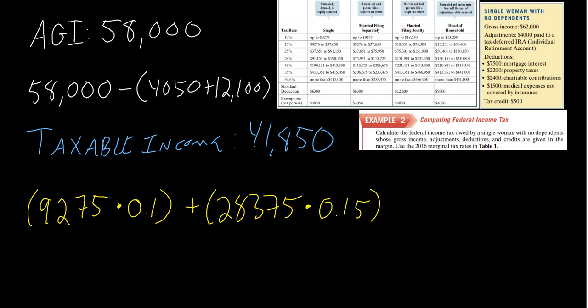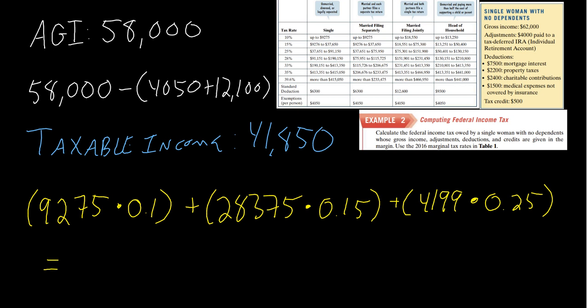Just that bit that's above 37,000. So, that math is 41,850 minus 37,651. So 4,199, plus 4,199, and that is being taxed at an incredible rate of 25%.